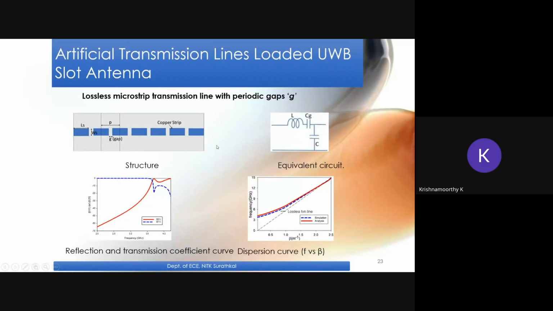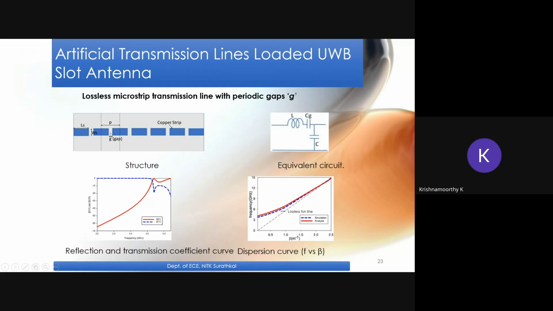This is the transmission line, and it is loaded with slots. Here, periodic slots are loaded on the transmission line. This structure gives some band gap nature, and that resonance frequency we can control by changing the gap width.